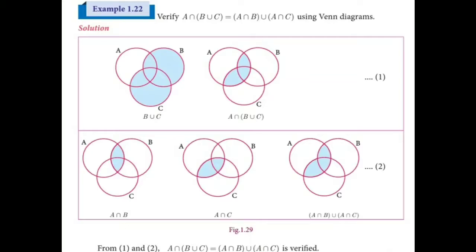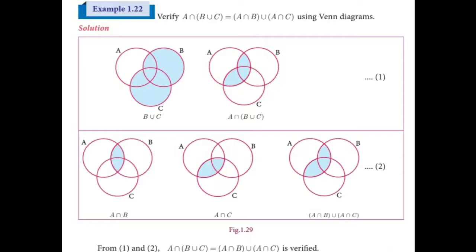Then left hand side, A intersection (B union C). First we find B union C. B union C means all elements in B, in C, or in both. So adding B and C, including A intersection B, B intersection C and A intersection C, as shown in the figure.